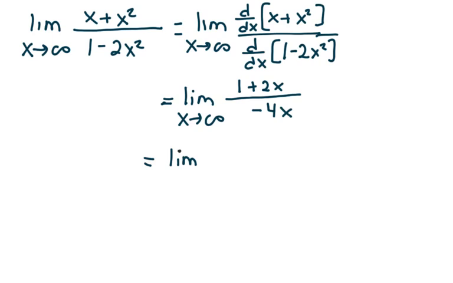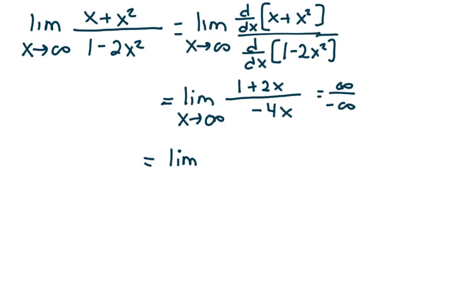We can't just plug in infinity, because you'd get infinity over negative infinity, which doesn't make any sense. So I want to give you some tools when I do these types of problems.